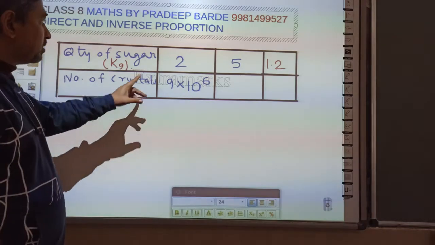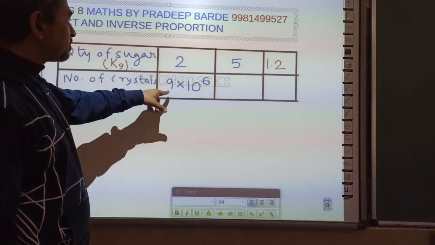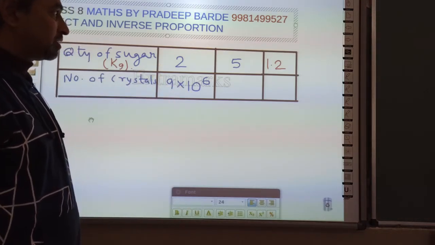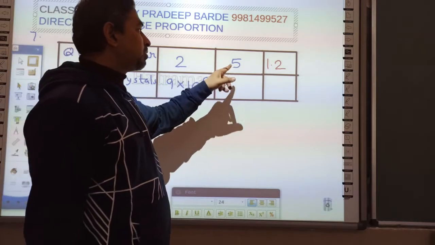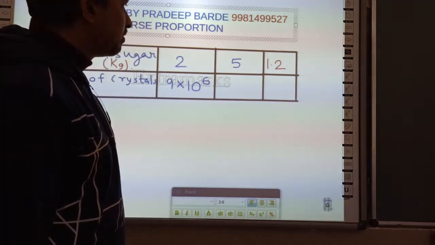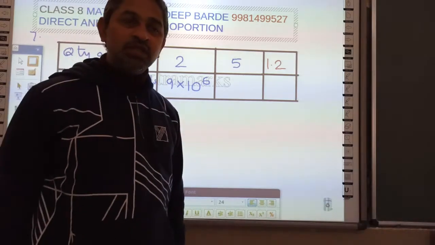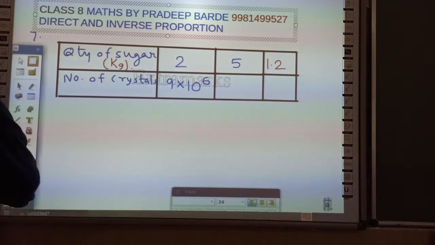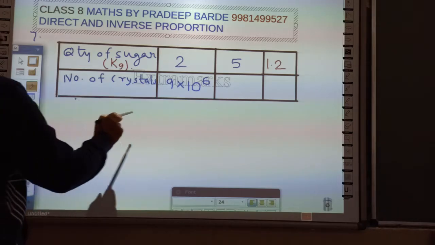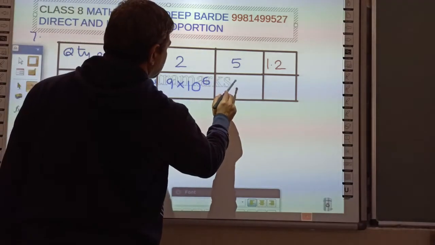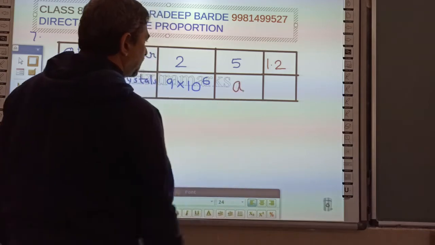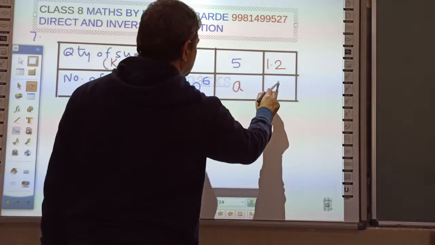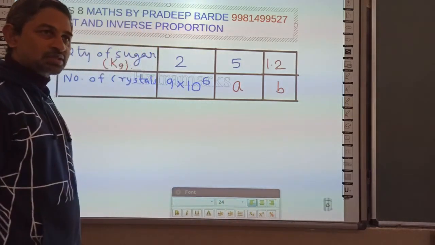So here we have 2 kg of sugar contains 9 into 10 raised to the power 6 crystals. We have to find out how many crystals will be there in 5 kg of sugar and 1.2 kg of sugar. So let 5 kg of sugar contain A crystals and 1.2 kg of sugar contain B crystals.